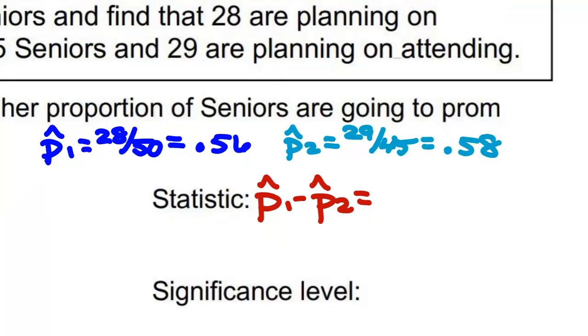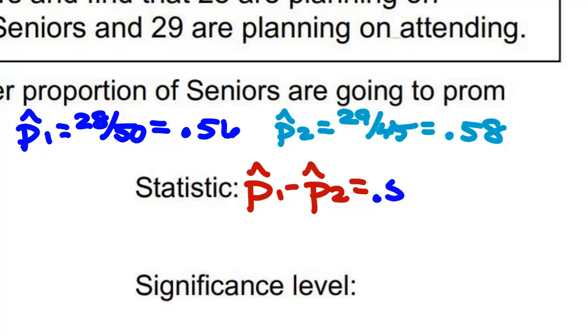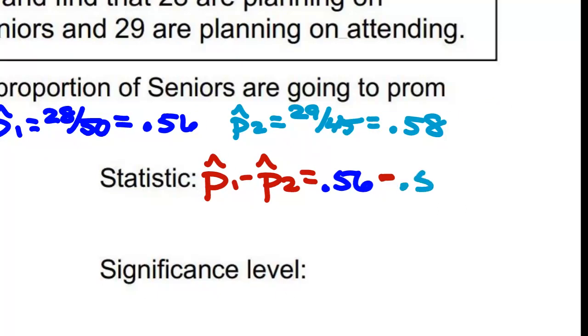So if I do p hat 1 minus p hat 2, we have 0.56 minus 0.58. If it's not, tell me what it is. I just wrote down the numbers that were given to me. 0.644. Let's go 0.64 then.